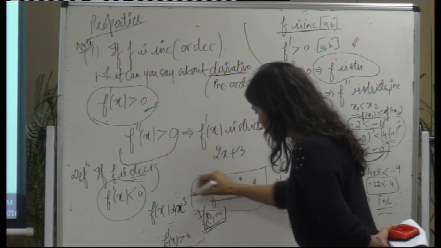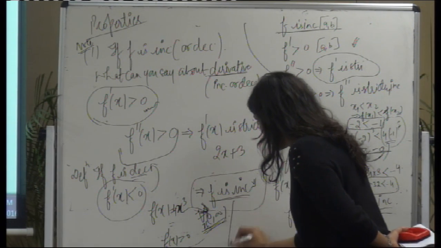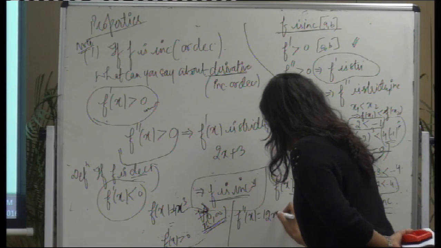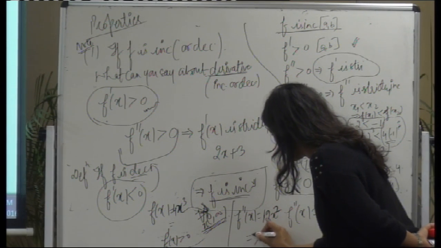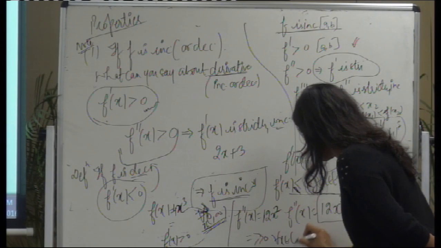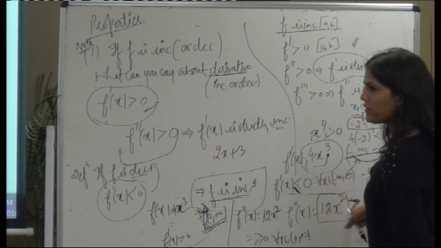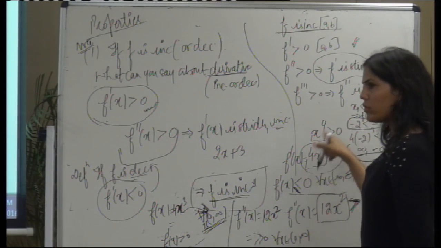For this interval especially, if you take the double derivative, it will be 12x square, greater than 0, for all x. So the derivative's behavior is increasing. So if the double derivative is greater than 0, the derivative comes to be increasing.